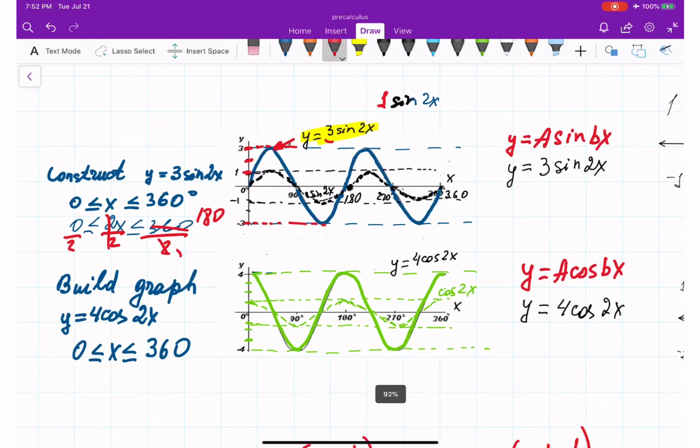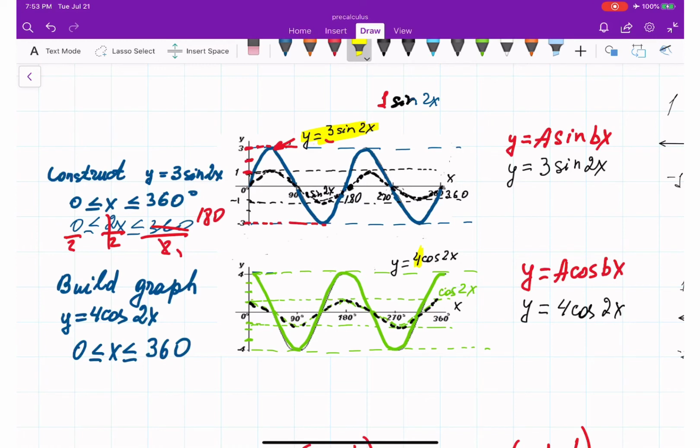So 4 cosine 2x with these dashes here. This is cosine x, right? Here it goes, cosine x. 2x, cosine 2x. That's why in 360 we have two waves.